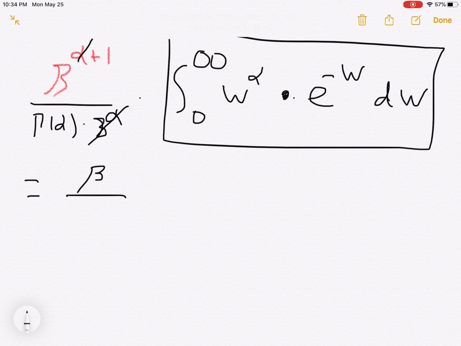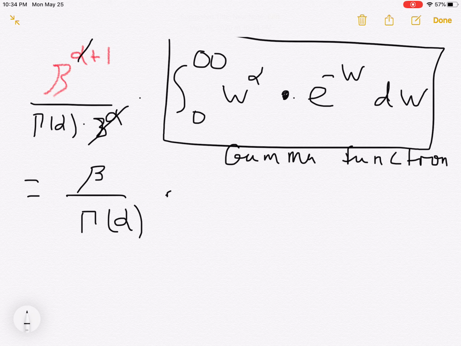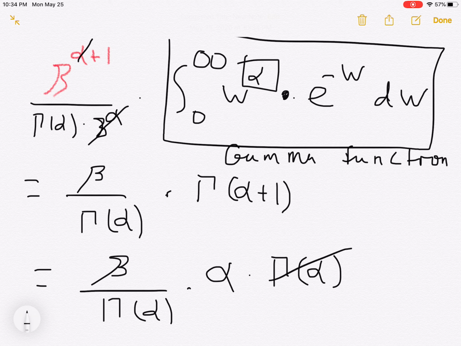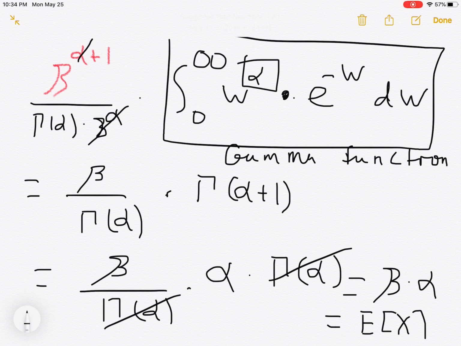And we'll have beta over gamma of alpha, is that this is a gamma function, but it's off just slightly. So to make that a gamma function, that's gamma of alpha plus 1. And now I can use the property of the gamma function, that is, alpha times gamma of alpha. And now I'll get that the expected value is beta times alpha, and that is E of X.